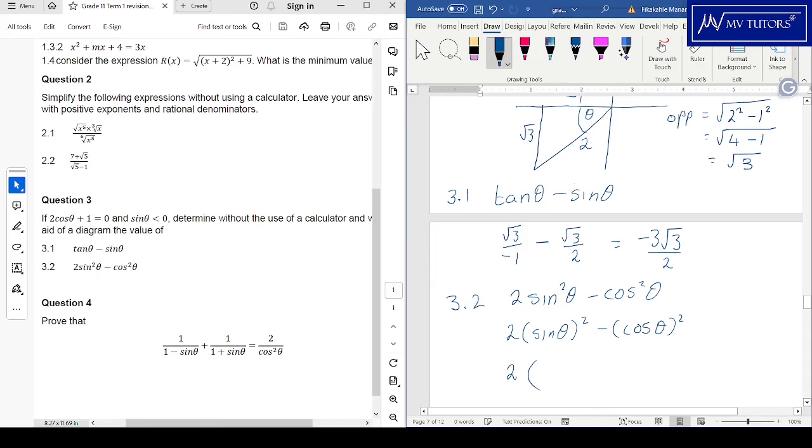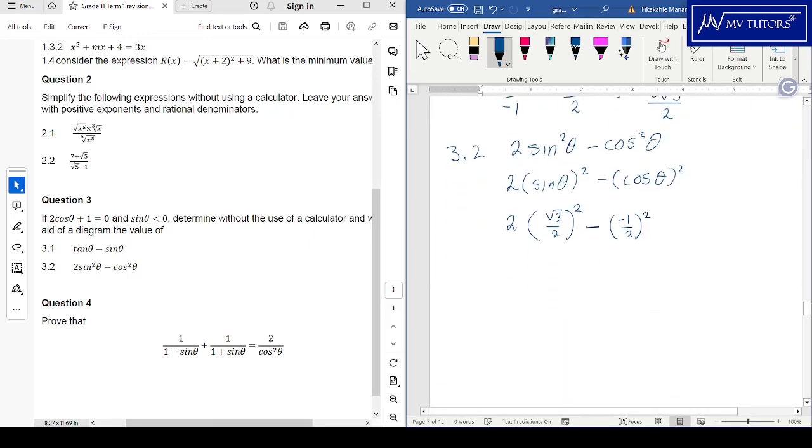Its opposite, which is square root of 3, over hypotenuse, which is 2, and then squared, minus this side, the cos is -1 over hypotenuse 2 squared. Now we just have to do some gymnastics.